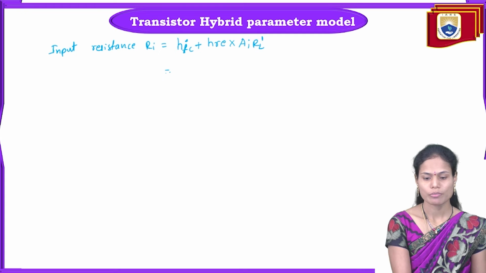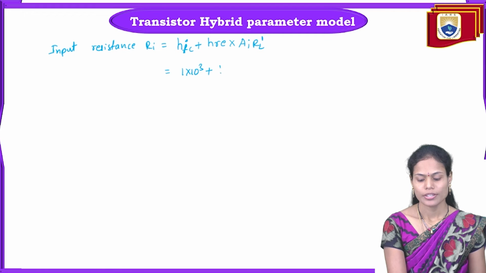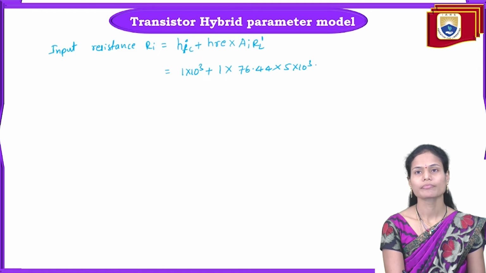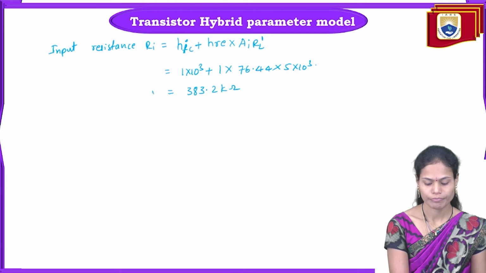If we substitute the values here, HIE is 1 kilo ohm, HRE is 1, the current gain we have just calculated is 76.44, and RL dash is 5 kilo ohms. If we simplify it, we will get 383.2 kilo ohms.